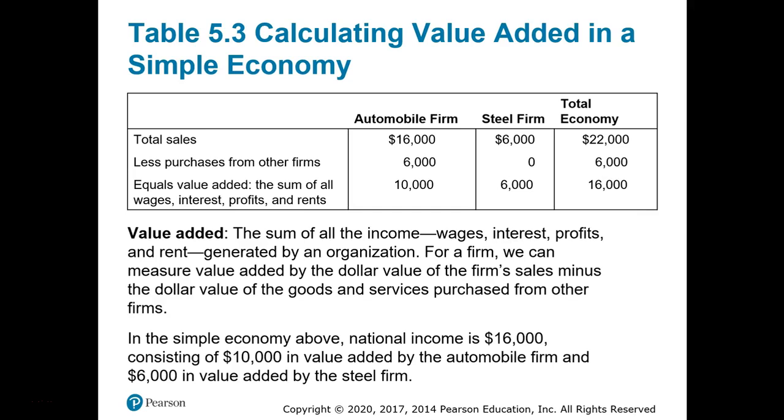That 6,000 in purchases by the automobile industry comes off, and what's net for the firm is its added value, plus the steel's added value, which didn't spend anything. Our total economy then has everything that we actually spent money on and had left over in income.